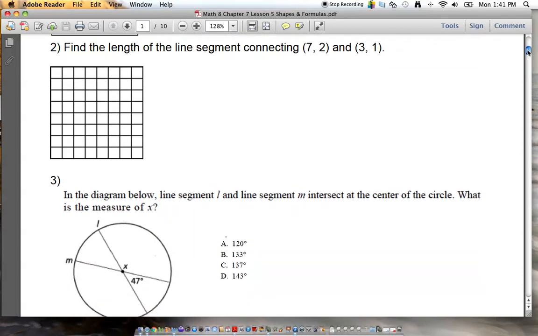Next up, find the length of a line segment connecting 7-2 and 3-1. So I go to 3-1, and then 4, 5, 6, 7, 2. What do I have to do to find the length of that line segment? Yeah, we're going to make a right triangle. And then I'm going to count here as 1, and 1, 2, 3, 4 is here. And then in a right triangle, what rule can I always use?